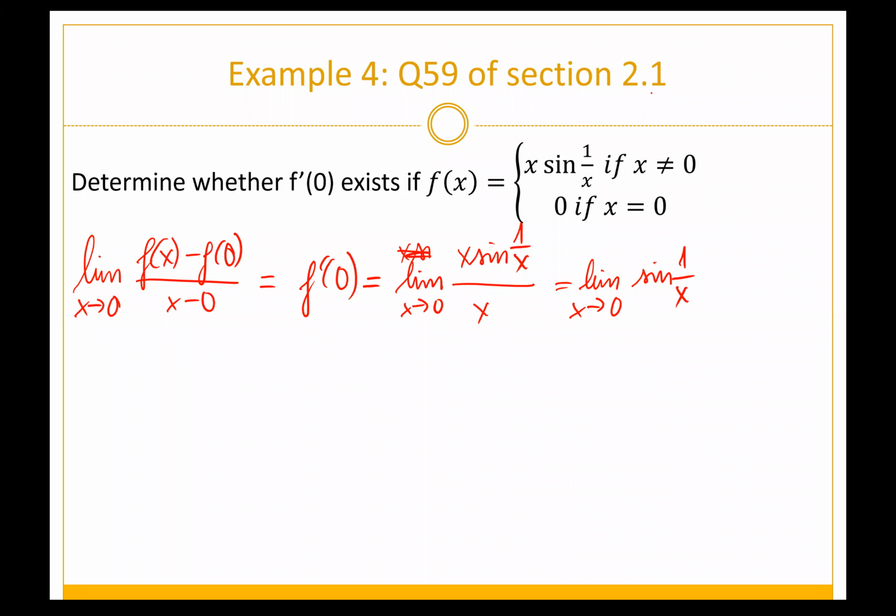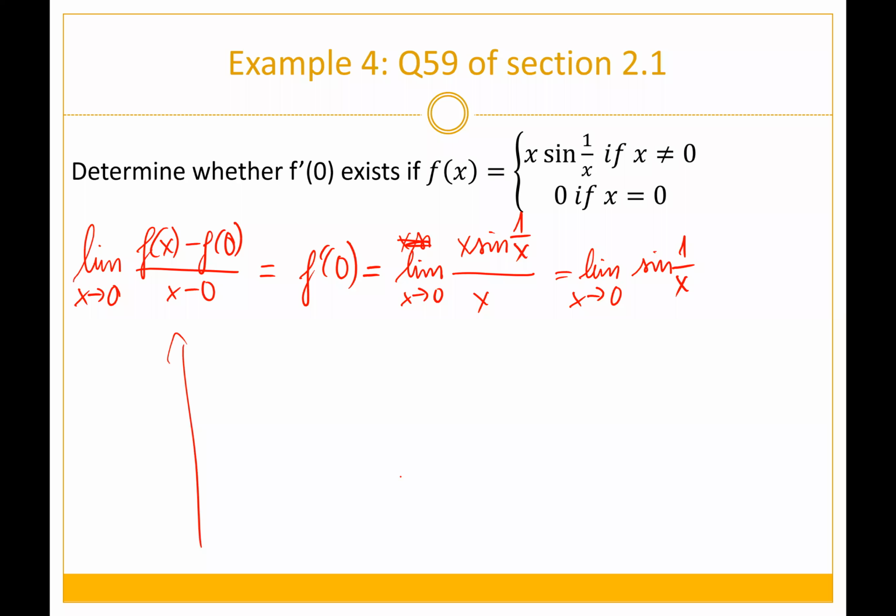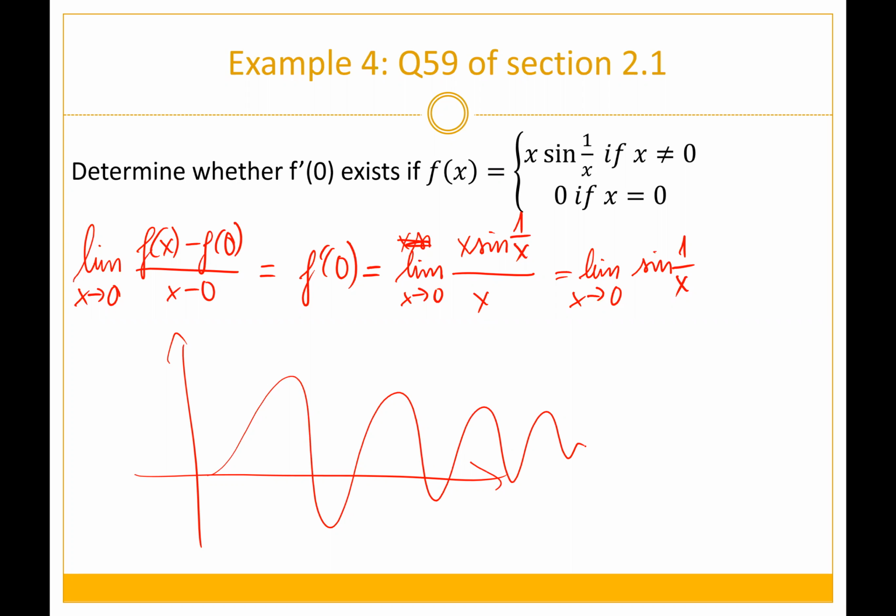When x approaches 0, 1 over x approaches infinity. You just don't know if it's positive or negative infinity. However, there's one thing we're very sure of: sine is a function that repeats every 2 pi. So sine gets back up to a value and then comes back down as you go to infinity.